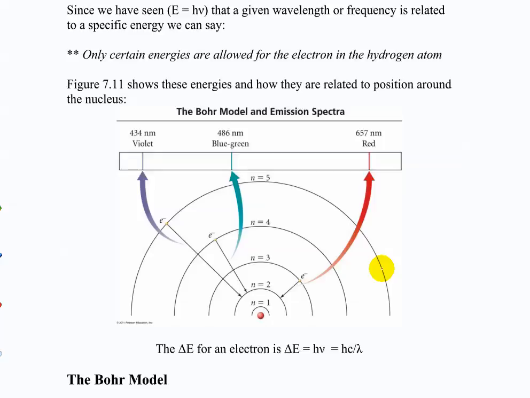Outer shells are higher potential energy. Inner shells are lower potential energy. So when an electron travels from a higher shell to a lower shell, it gives off energy in the form of light. And in that way, that energy that's given off is quantized. So if an electron starts at this level, it can only go to these few different levels. And in doing so, it releases light.